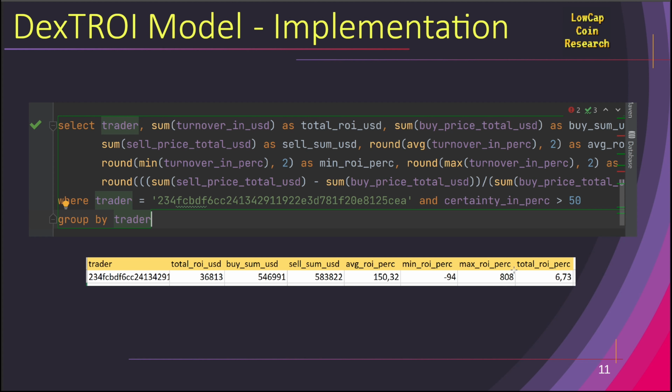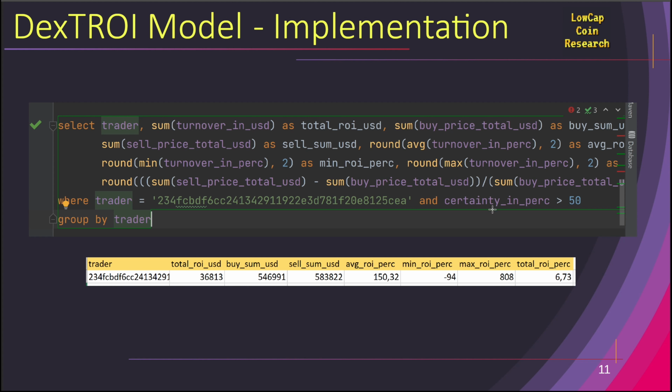So how does it work? We can create a SQL query and it should consider only transactions from this trader here with certainty above 50.